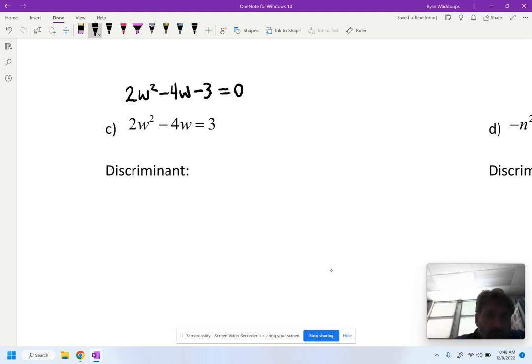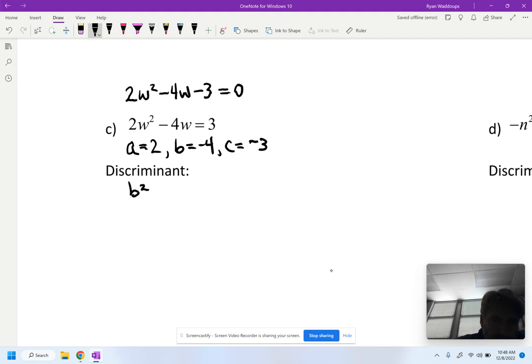Now that's standard form, and I can say A is 2, B is negative 4, and C is negative 3. And so to calculate my discriminant, b squared minus 4ac, b is negative 4 squared minus 4 times a, which is 2, times c, which is negative 3.